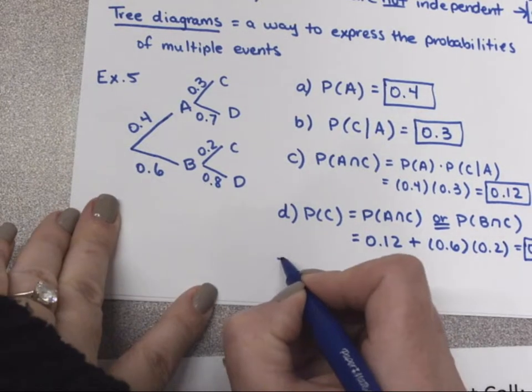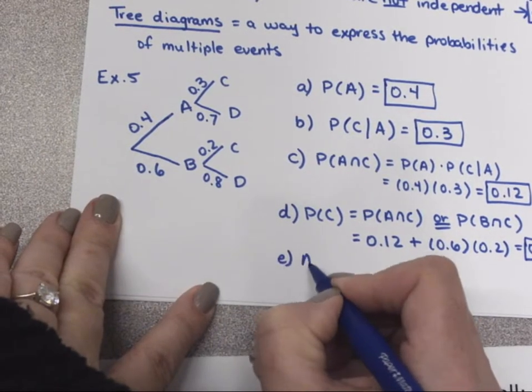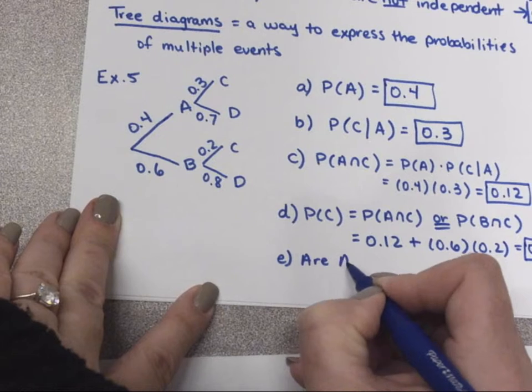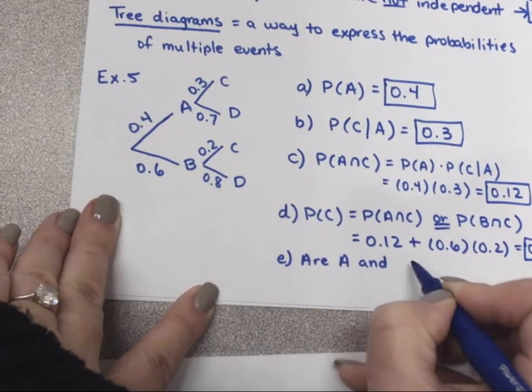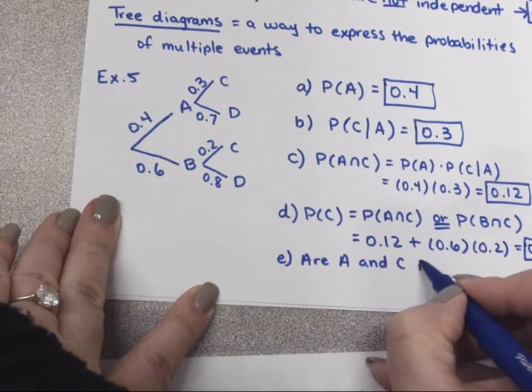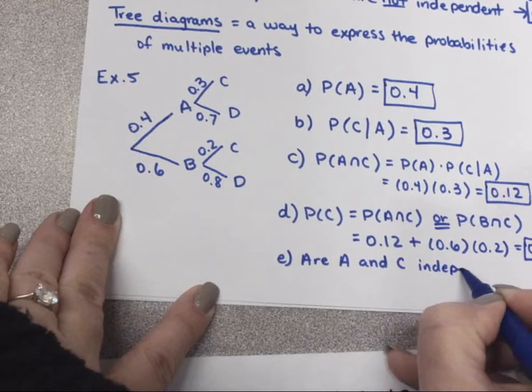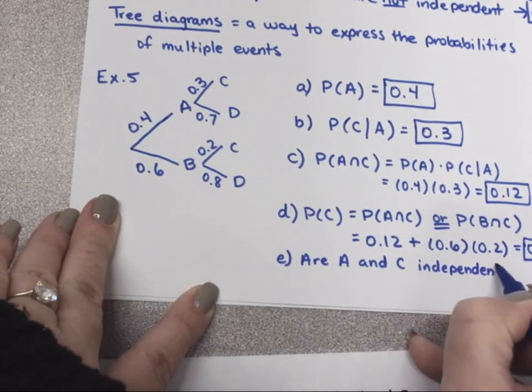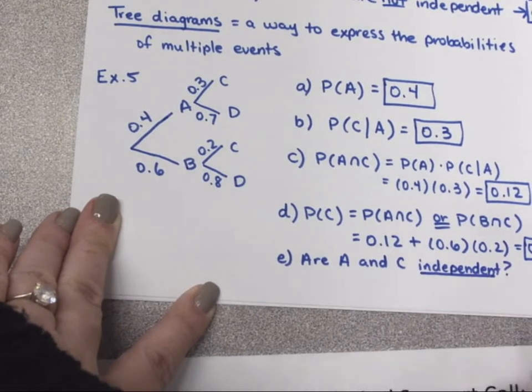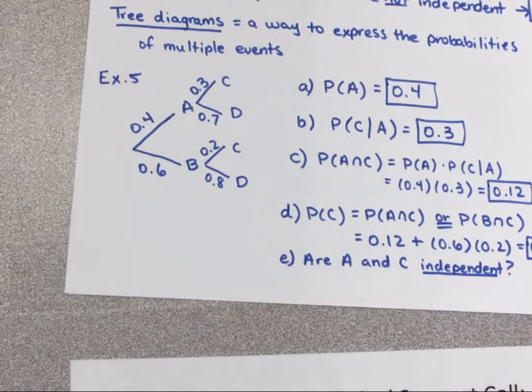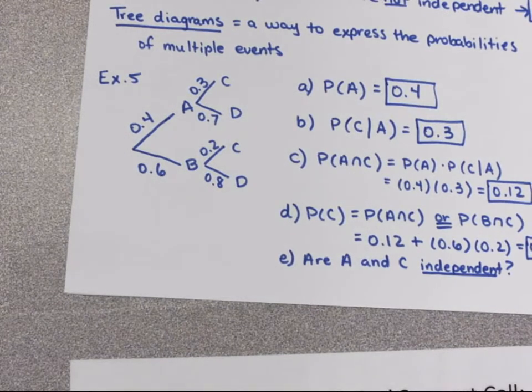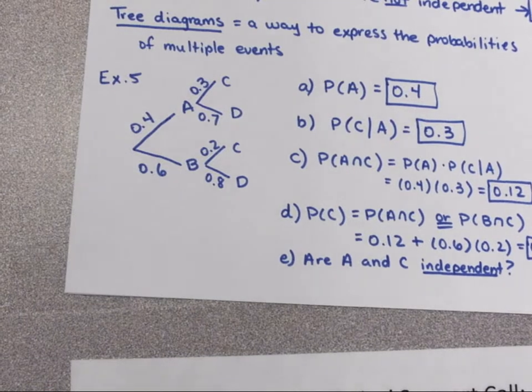Okay, so the last and final question is, does it look like A and C are independent? In other words, are they completely separate from each other, or do they have some effect on each other?